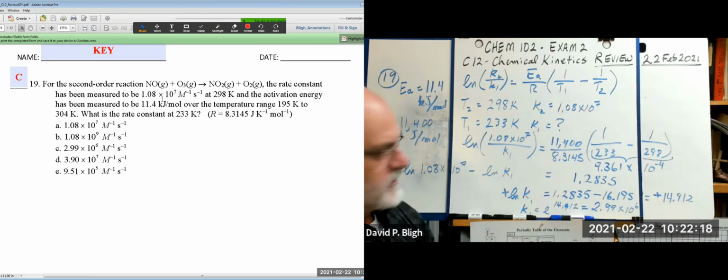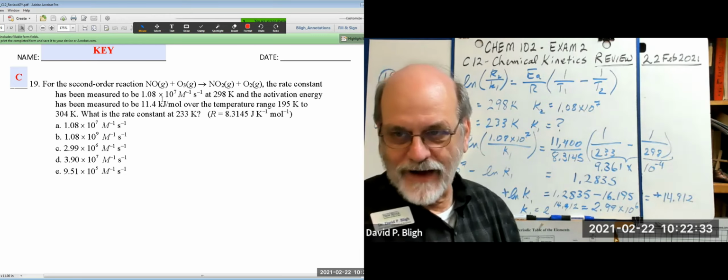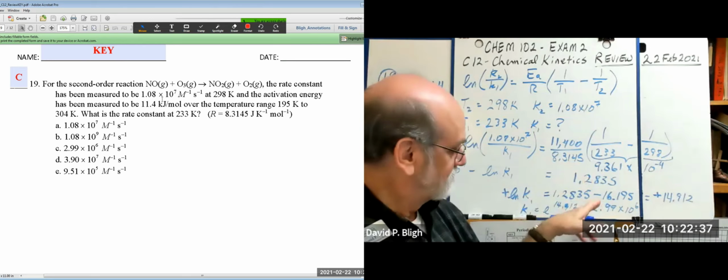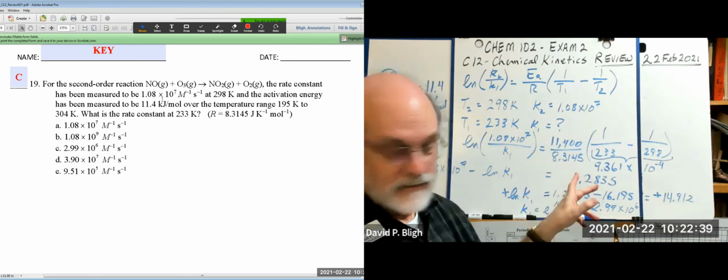So I'm just curious. So let's take this one, 1.08 exponent 7, and then divide it by that one. It's only 36 times, right? So the rule of thumb doesn't work here, right? Why?